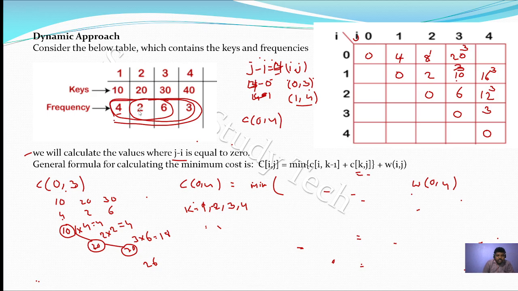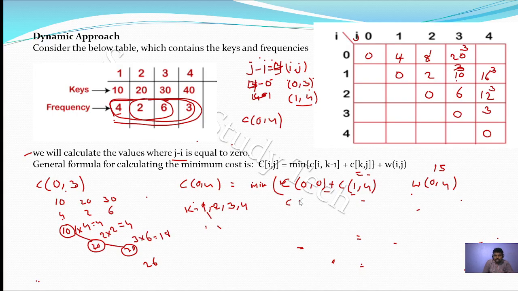That is 2, 6, 6 plus 6 is 12, plus 3 is 15. This value is 15. Now the minimum of C of i, where i value is 0 and first time the k value is 1. So that is C of 0 comma 0 plus C of 1 comma 4.